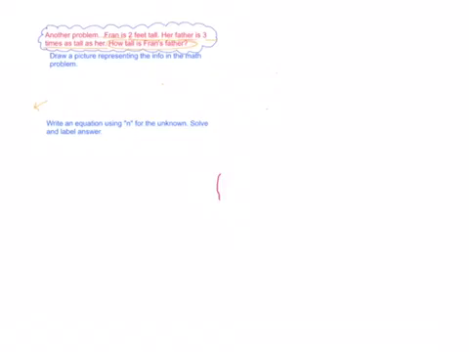So I'm going to draw a picture representing the info in the math problem. So first I'm going to start off with the information I have. Fran is 2 feet tall. So obviously this is not going to be exact. We're not drawing a person who's 2 feet tall. So if that is 2 feet, her father is 3 times as tall as her.